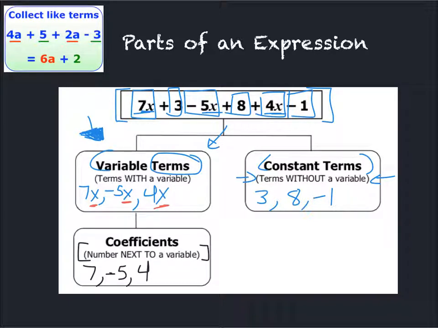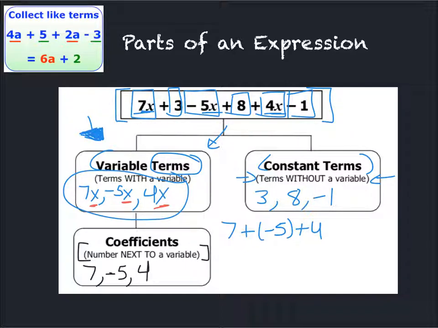When we are combining like terms, because all of these are like terms, they all have the same variable, all we would do is combine their coefficients and then put the variable that they shared back on there. We wouldn't change anything with that variable. So all we would do is 7 plus negative 5 plus 4. And the reason we could do this is because of the distributive property. And I'll show you why in one of my next examples.